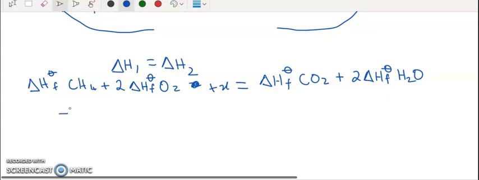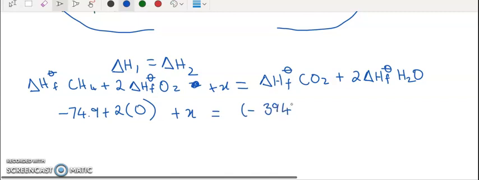Now let us plug in the values from what is given in the data table. For CH4 it's negative 74.9 plus 2 times O2. Since oxygen is an element, it will be 0, plus x. For CO2 we've got negative 394 plus 2 times H2O, which is negative 286.